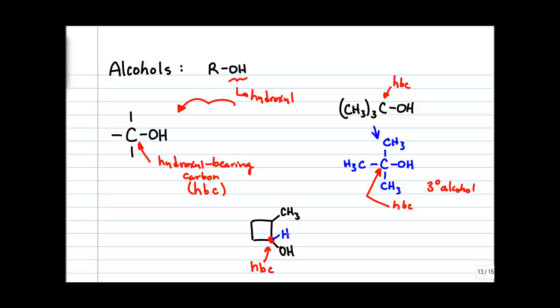So on the HBC, we've got an OH group, a hydrogen, and 2 carbons directly attached to the HBC. Therefore, this is a secondary alcohol. Again, we'll do more of this in class and you'll have more practice, but this is where we're going with this.